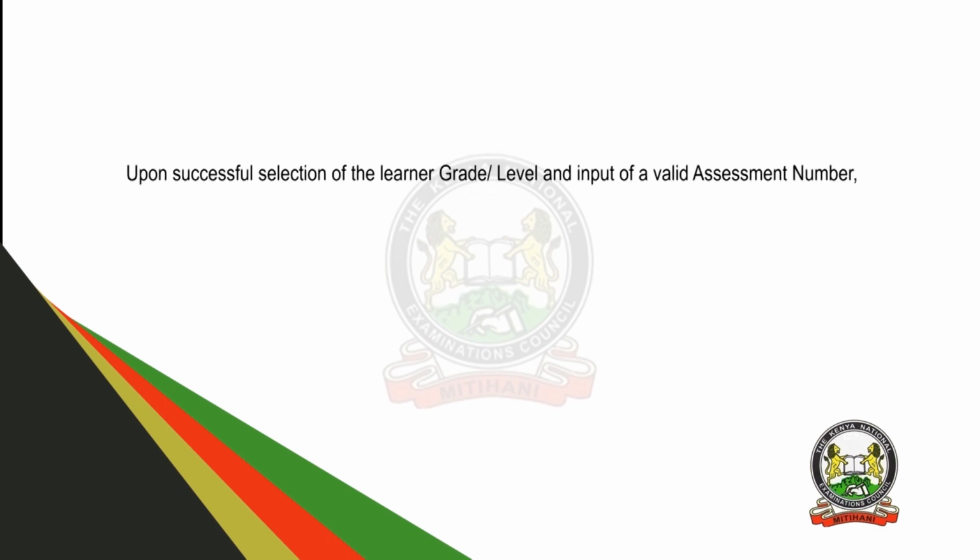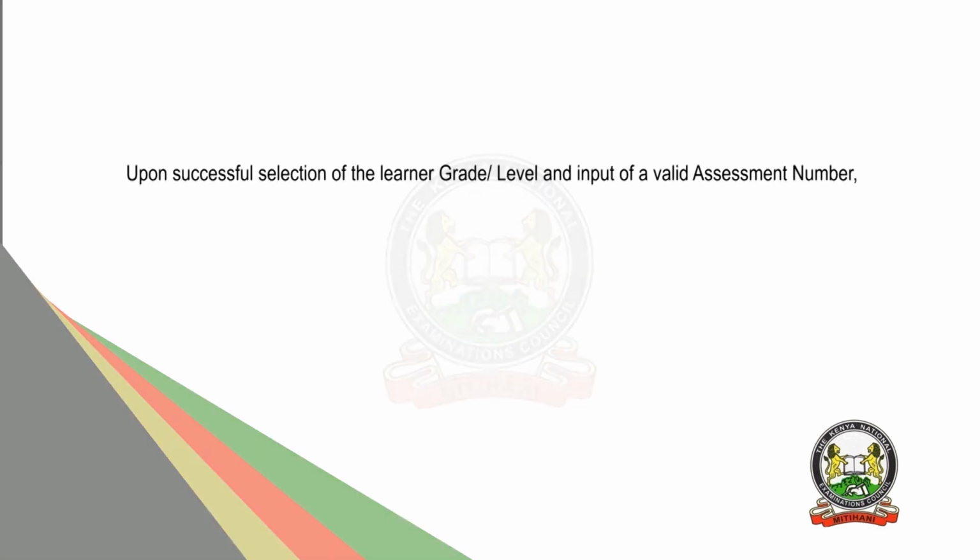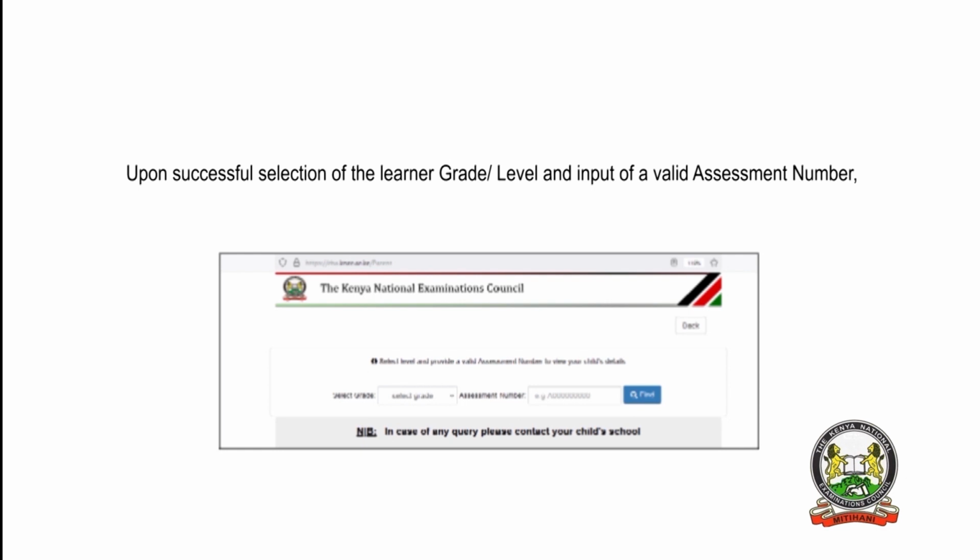Number 3, upon successful selection of the learner grade or level and input of a valid assessment number, click the Find button to view your child's details as displayed below.